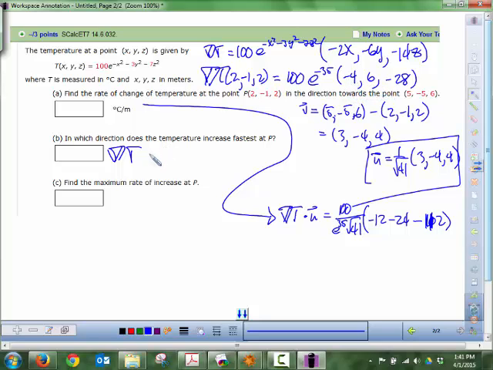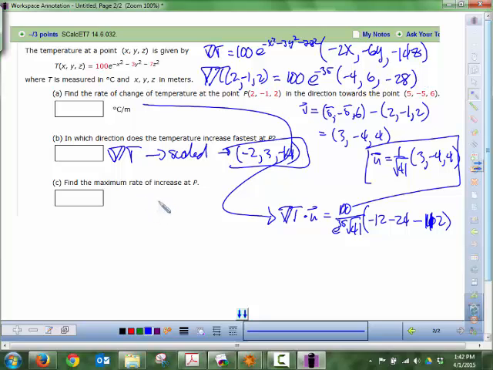So instead of the gradient of T, you can say it's a gradient of T scaled. And then you can say the direction is going to be negative 2, positive 3, negative 14. And that should work also. So any scalar multiple of the gradient gives you the direction. I mean, you could put this whole thing if you want. Doesn't matter, but that'll be a little bit quicker.